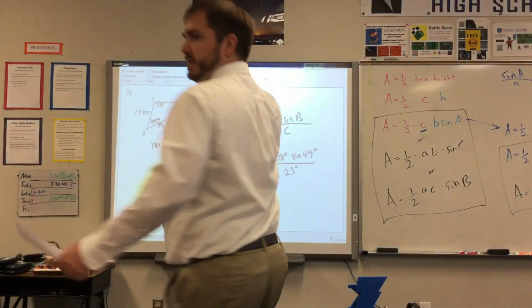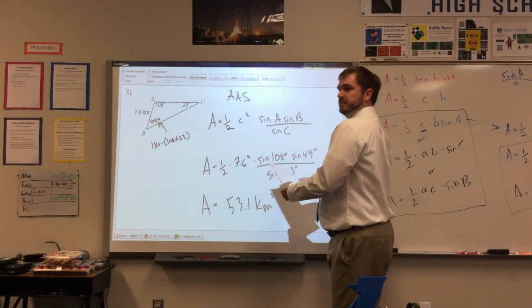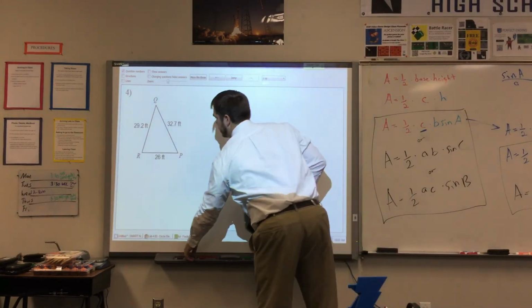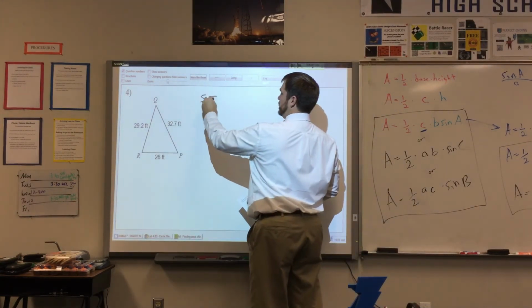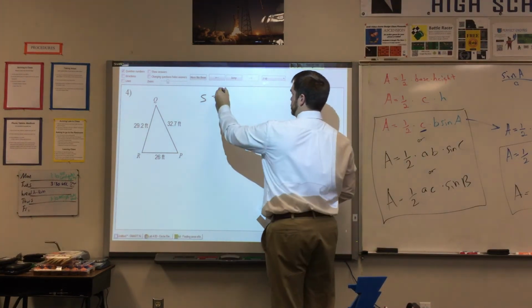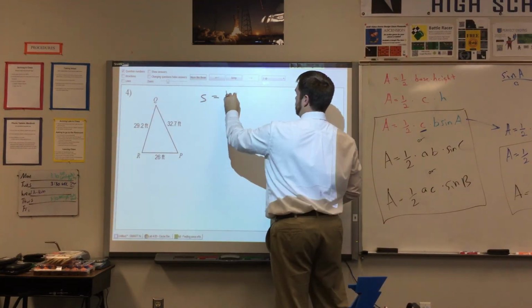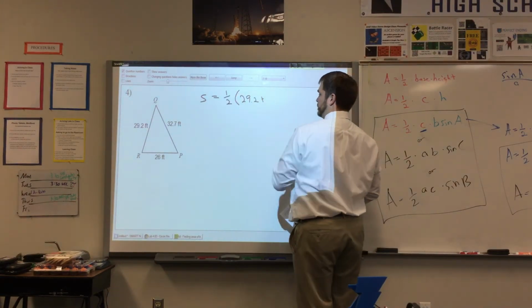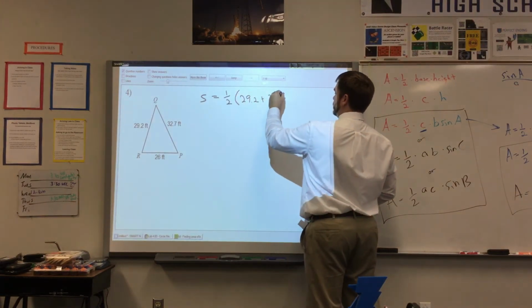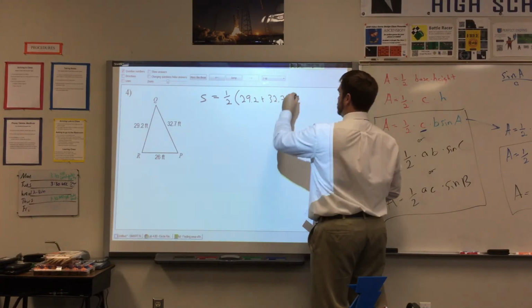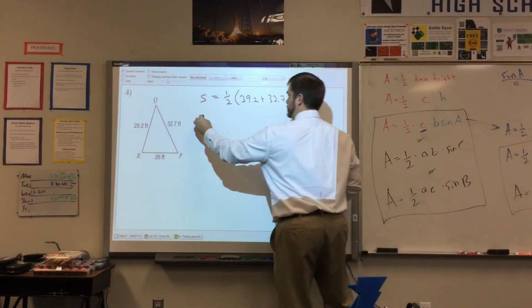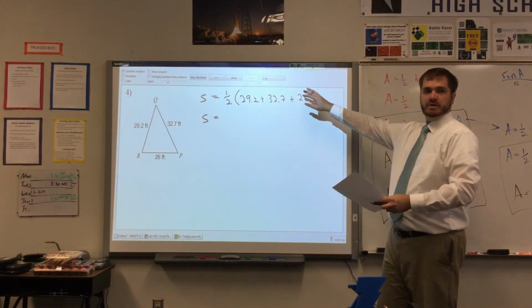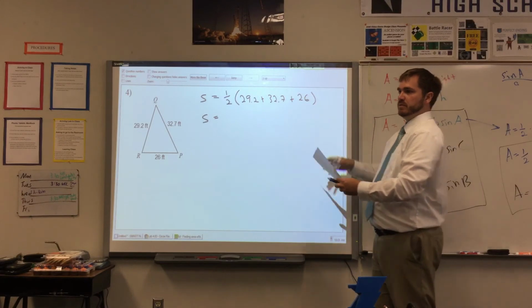Alright, does anybody still need number 3? Does anybody have a value for the semi-perimeter? 43.95.